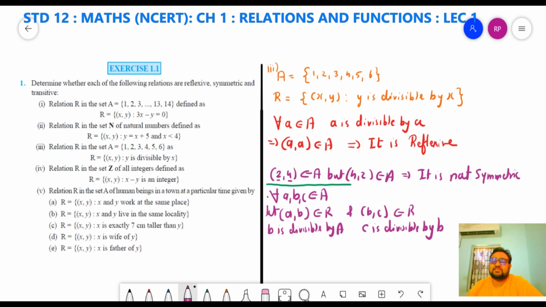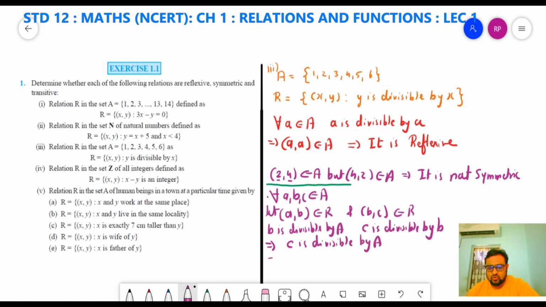Let's take an example, like 125 is divisible by 25 and 25 is divisible by 5. That means 125 is divisible by 5, right? So what does this imply? This implies that c is divisible by a.